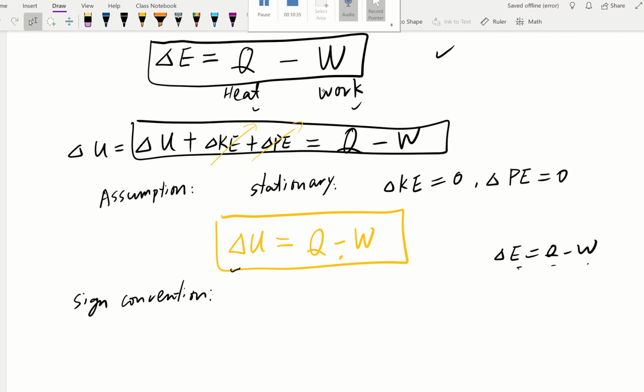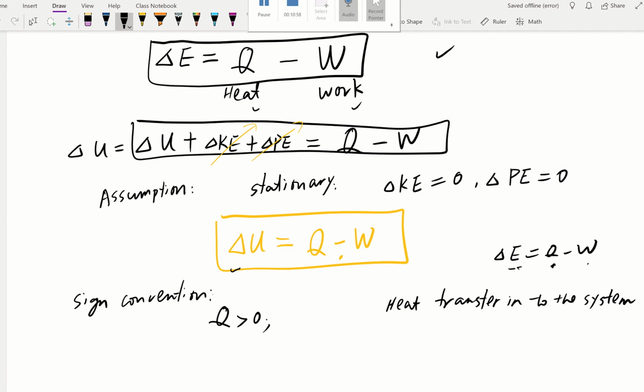So imagine if I have heat coming into the system, if I have heat transfer into the system, would that make the energy of the system go up? Of course, right? That's common sense and very intuitive. So Q will be greater than 0. When you have a greater value, delta E is going to be positive.